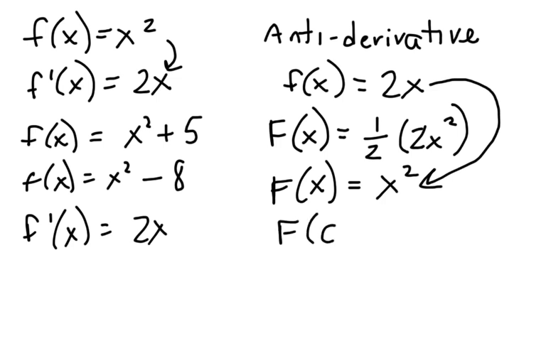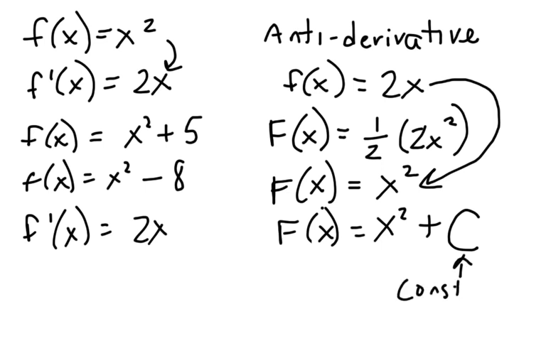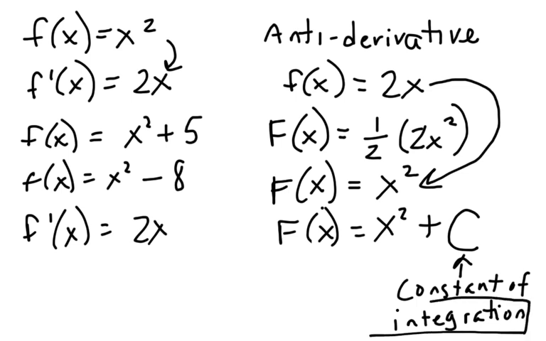Well, a better way to write the answer is x squared plus capital C, where C could be any constant. It's called the constant of integration because the process of taking antiderivatives is called integration.